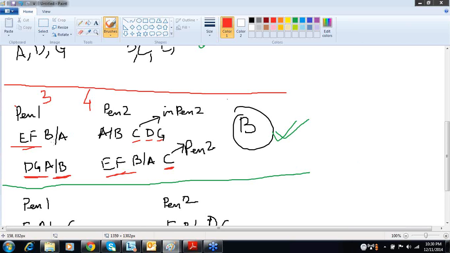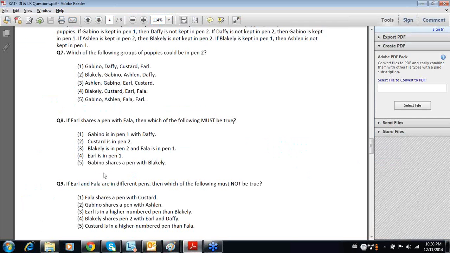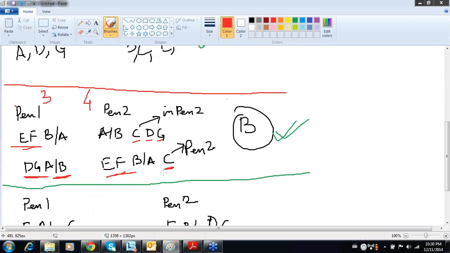Okay. Let me explain what Cotness is asking. Cotness is saying, is option 5 not? Gabino shares pen with Blakely. So G and B are together, it is saying. So G and B, see here, G and B can be together, or G and A can be together. How can you say must be true? In one condition G and B will be together, in one condition G and A will be together.